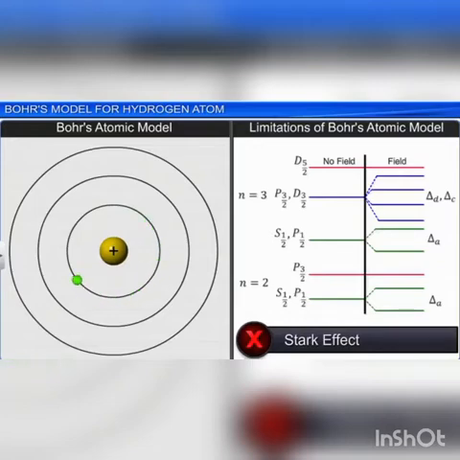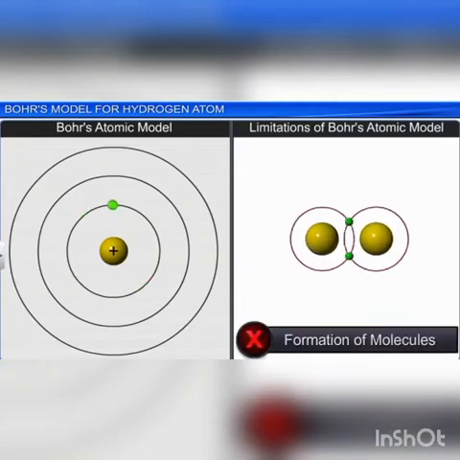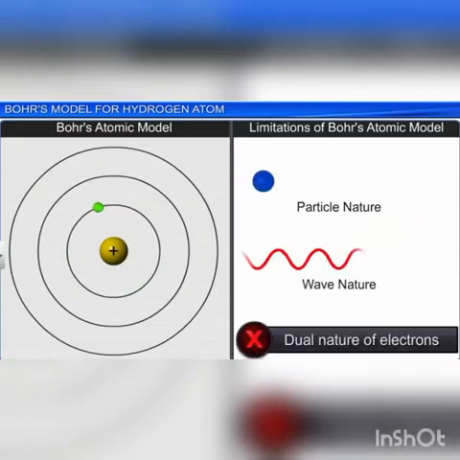The ability of atoms to form molecules through chemical bonding. And the dual nature of electrons, both as wave and particle. It contradicts Heisenberg's uncertainty principle, which says that it is not possible to determine both the position and velocity of an electron simultaneously and accurately.